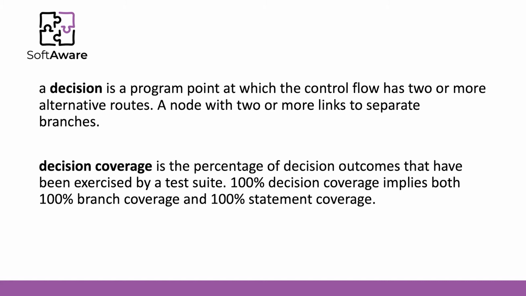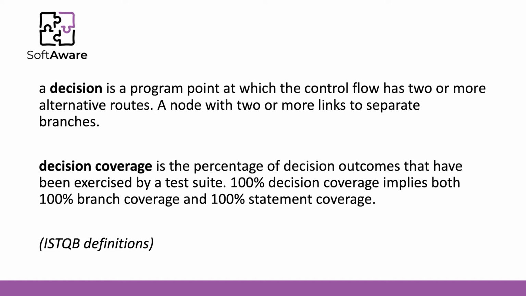So if we're trying to achieve 100% decision coverage, we are trying to achieve ultimately 100% branch coverage and 100% statement coverage also, okay? Because decision coverage, as we will see, is a very strong metric.